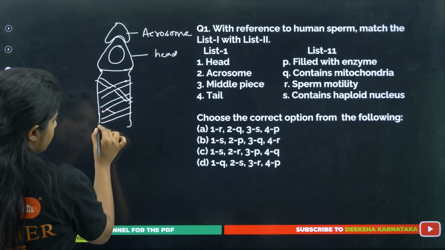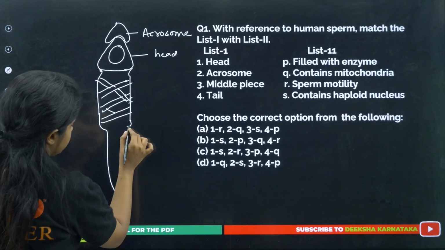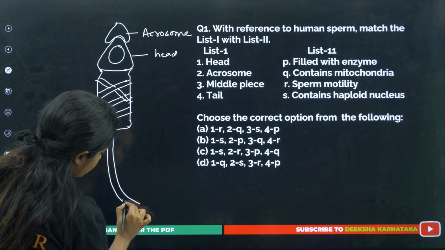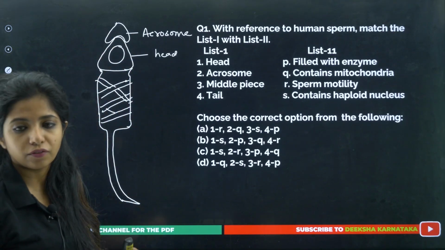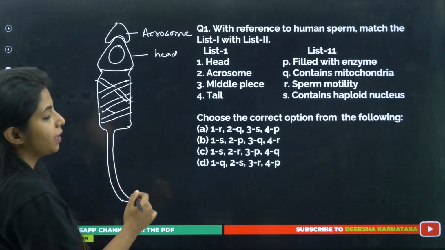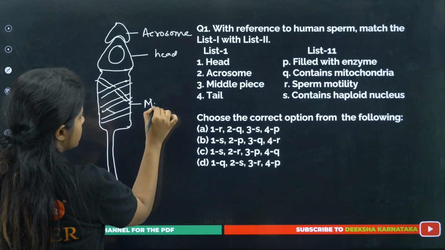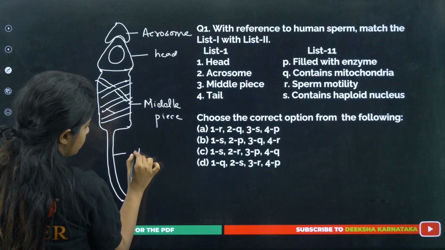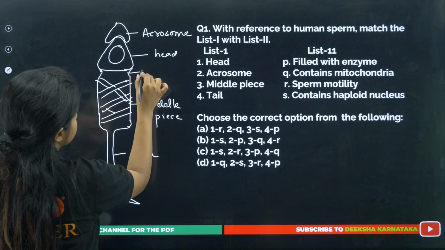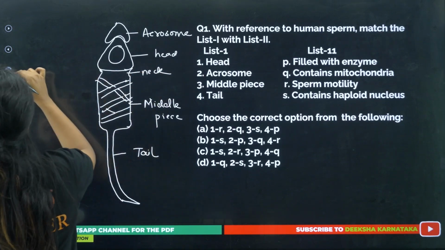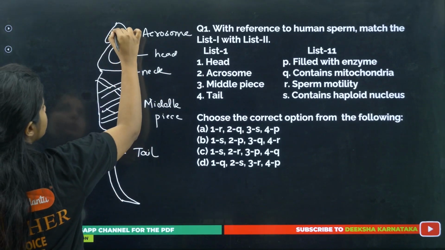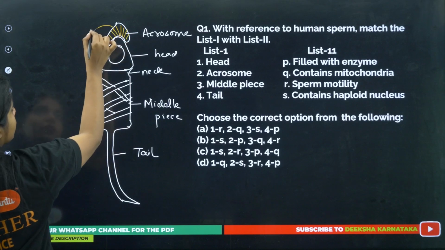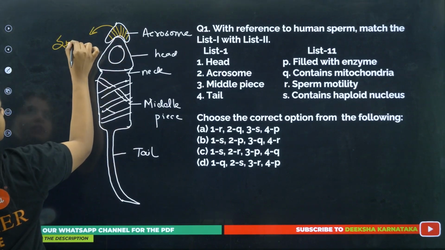Then it ends with a tail, and your whole sperm is covered by the plasma membrane. This region is the middle piece, this region becomes the tail, this is the neck, and the acrosome that you see is filled with enzymes known as sperm lysins.